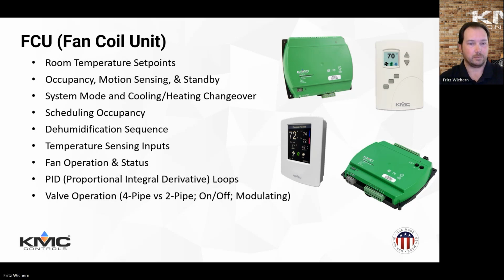So our temperature sensing inputs for the fan coil include a space temp sensor. Obviously, that's pretty critical in any of these applications, to know what your room temperature is. In this one, we've got an option for discharge air temp, which is required for economizer control.